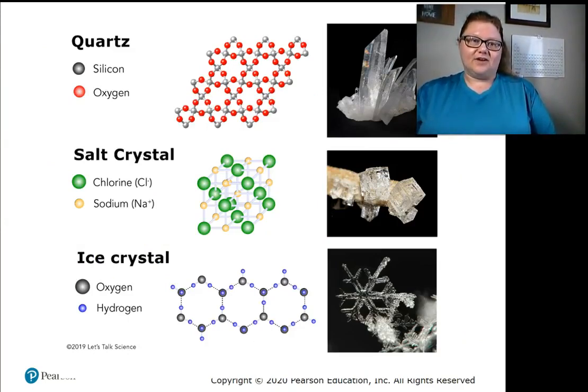So you can see the color coding for each of the atoms or ions, depending on what we're looking at here. And then the macroscopic view, what we would normally see as the crystal. So just take a look at this image quickly and see how organized the atoms or ions are in these structures.